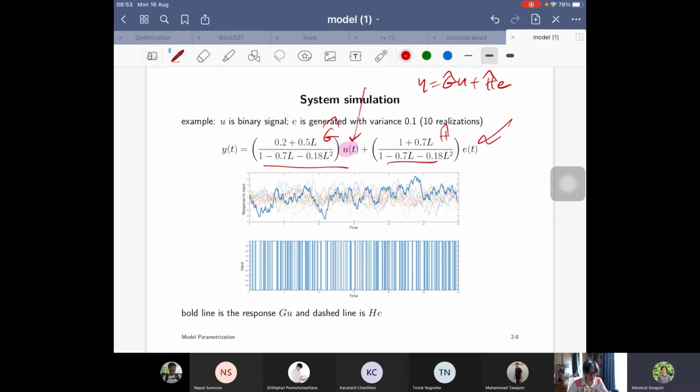But I know that in my real physical system, it also has the response due to noise. How are we going to see the effect of noise in the actual response? So you can generate E as random noise with appropriate variance. Of course, after the system identification process, the variance is something you have to estimate as well. So let me put it here, that's sigma square hat.